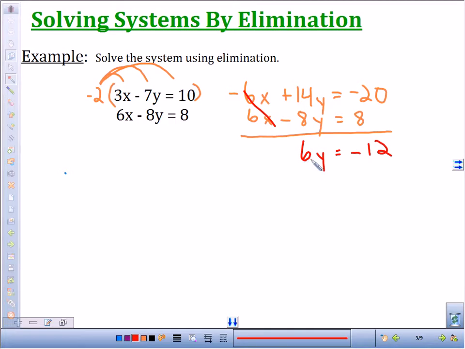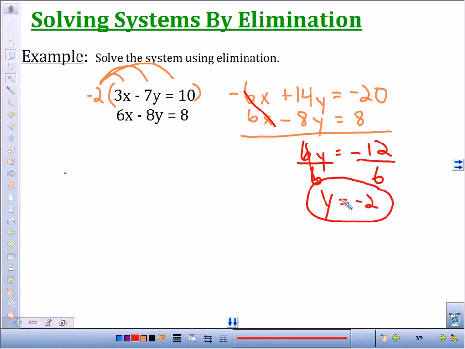And I'm left with 6y equals negative 12. I will divide by 6, and I get y equals negative 2. So I've got my y value. I just need to know now what x is.